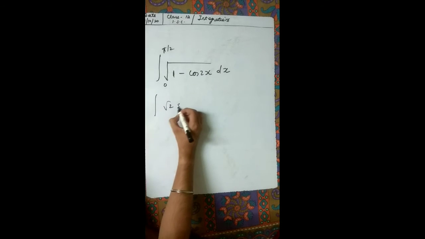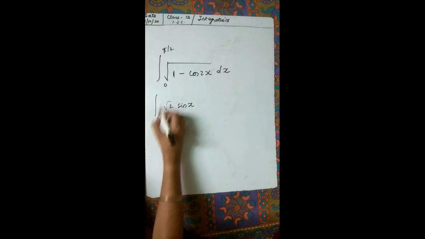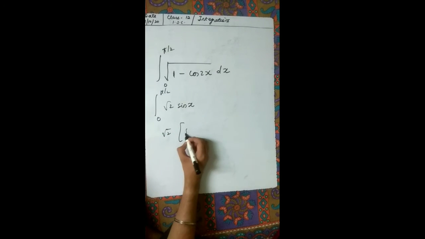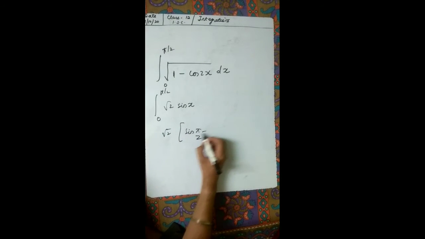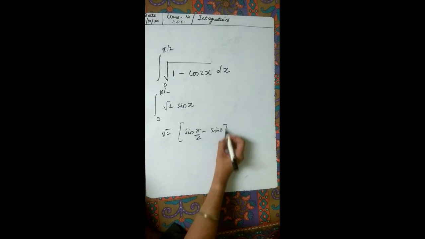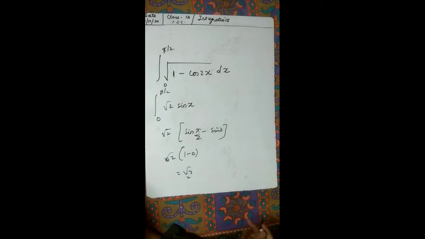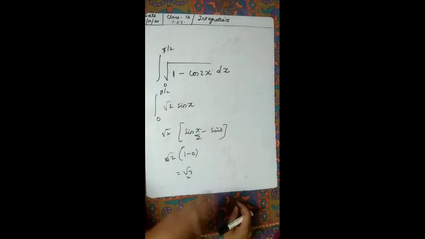So it will be under root 2 sine x. Now you take root 2 out. Sine pi by 2 minus sine 0. Root 2 times 1 minus 0. So root 2 is your answer. So like that only you have to do in this exercise.